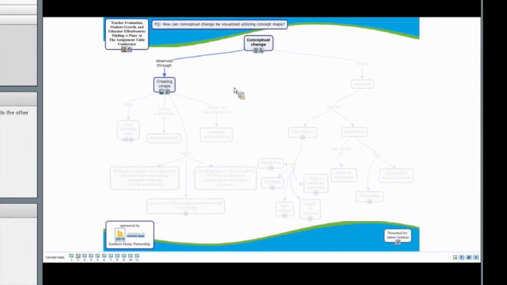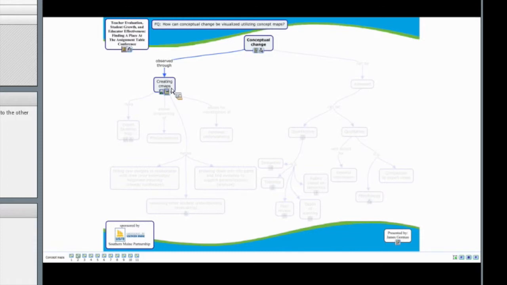A concept map is very simple. It lists out concepts like conceptual change and creating C-maps, but they're linked with a linking phrase, so it can actually be read as a true statement, what we call a propositional phrase. So conceptual change is observed through creating concept maps.